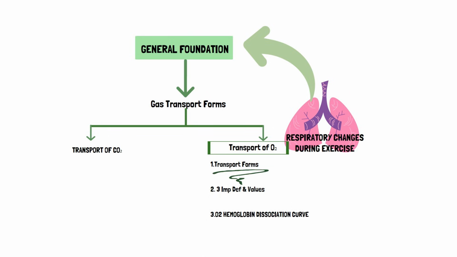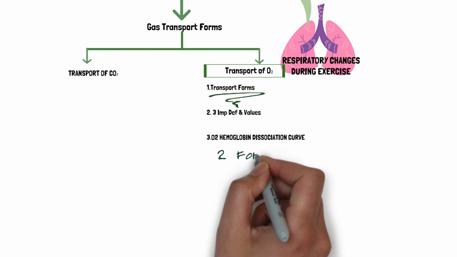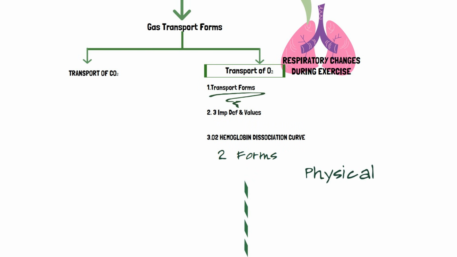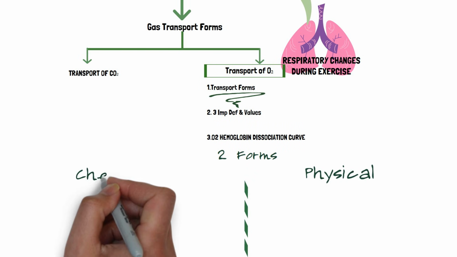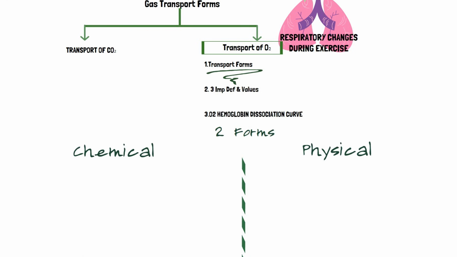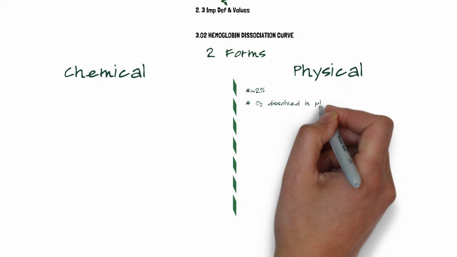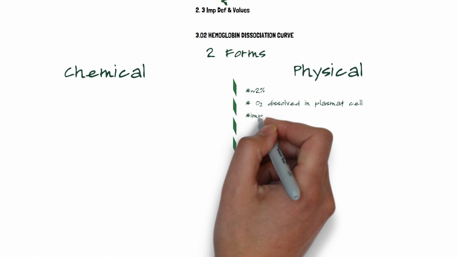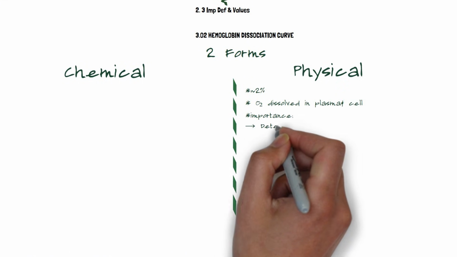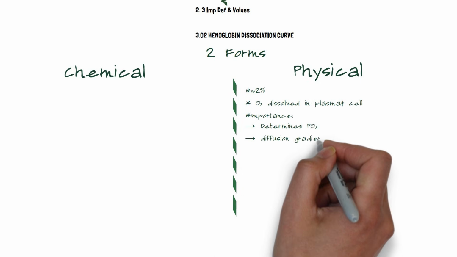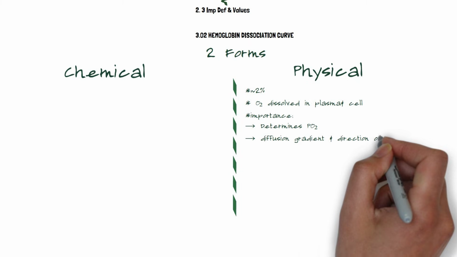The physical form represents a small amount. It's only 3% of the oxygen transport physically, and it's dissolved in the plasma. It's important because it determines the oxygen tension, and thus it determines the diffusion gradient and the direction of the diffusion, since oxygen moves from the high oxygen tension to the low oxygen tension.